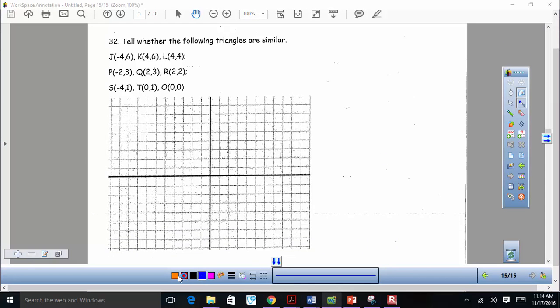So in 32 it wants us to tell which of the triangles are similar. Okay? And it gives me 3 triangles. It gives me JKL, PQR, and STO. So we're going to go ahead and plot JKL. So I'd have to go -4, 6.